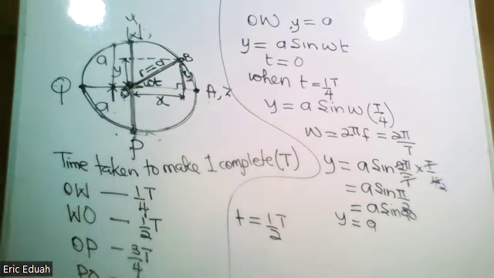Put them in and confirm. When T is equal to half of the period, what is the displacement? 0. Let's do it.